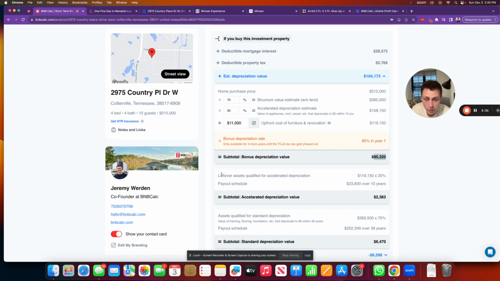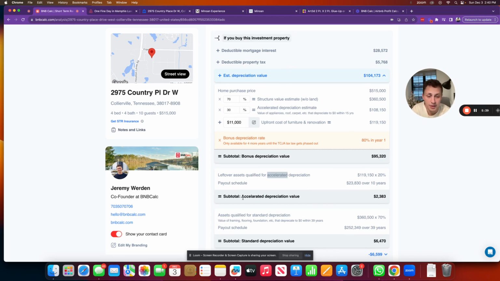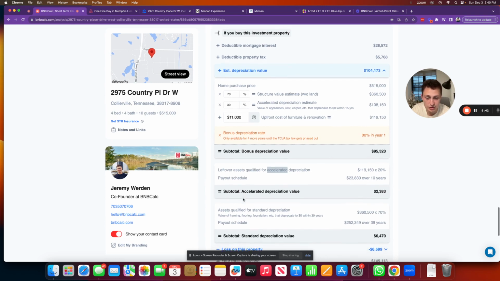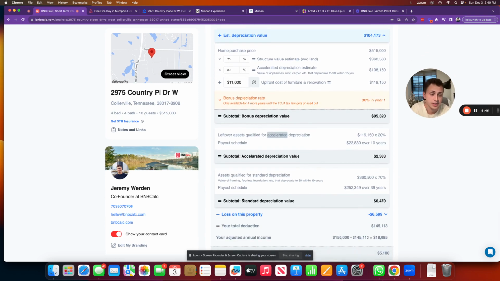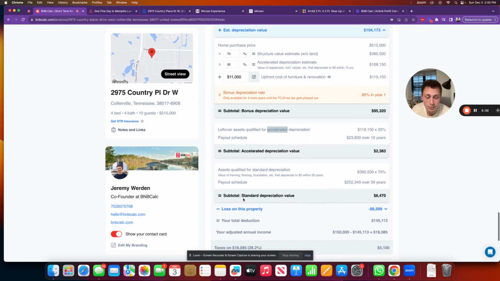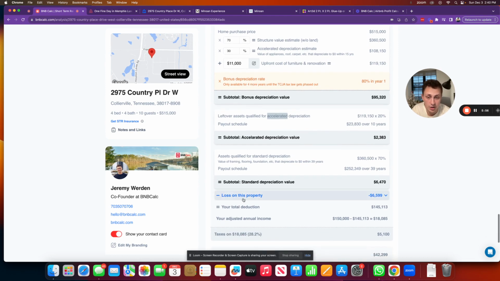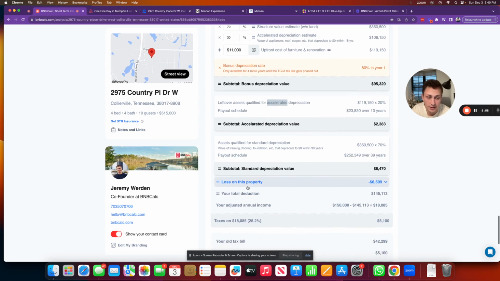We still have leftover assets on accelerated depreciation that we can do over several years, and then we also have just standard depreciation. So definitely recommend learning about depreciation, standard and accelerated, and seeing how those work. But essentially what you'll be able to do here is heavily front-load depreciation.